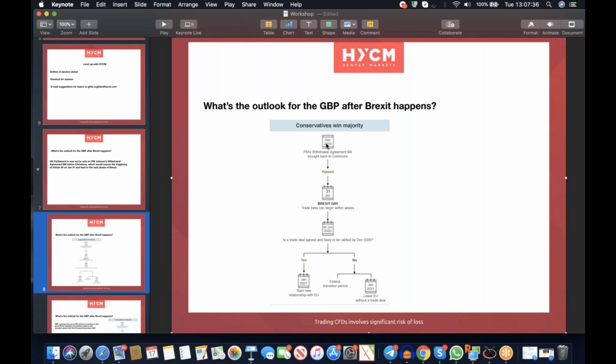Then Article 50 will be triggered on 31st of January. That's Brexit Day, and then there's due to be a year of talks before which the UK will leave the EU on a deal by December 2020.